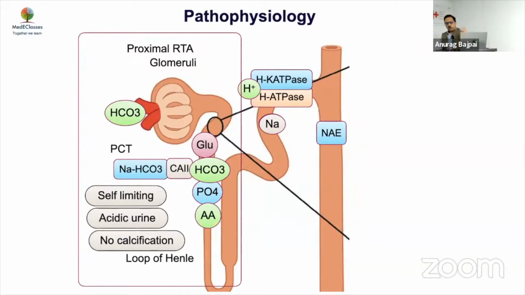This is important. Why would there be no calcification? Is it because your urinary calcium excretion is less? No, sir. Urinary calcium is almost the same as compared to the distal. The thing is that there's loss of citrate, which basically combines with calcium and takes it. Often people say that hypercalciuria, you can differentiate between proximal and distal.